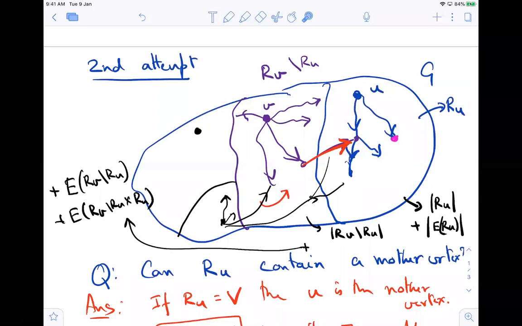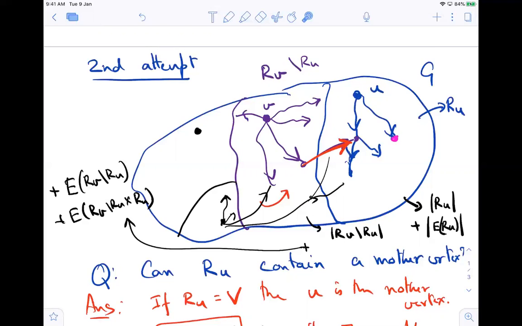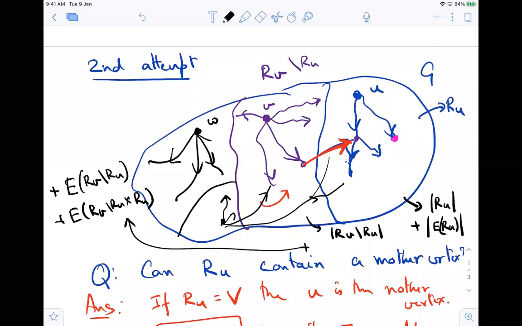Okay, fine. Now consider the final set. Say I start with this vertex W and I manage to reach all of them. Now I have completed the whole thing. But what does it mean?